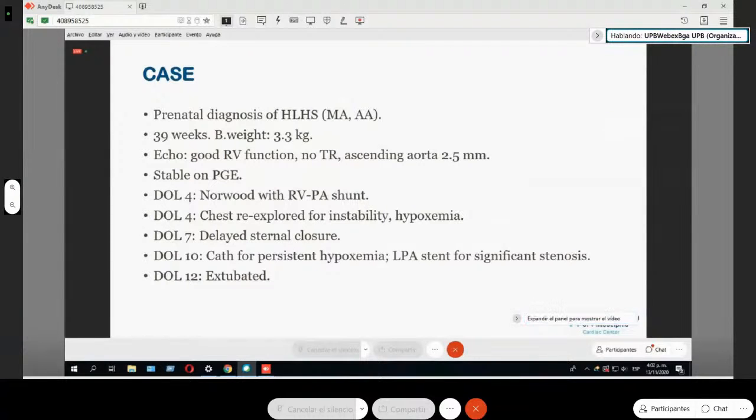Bueno, voy a iniciar con un caso: un bebé de 39 semanas con un diagnóstico de síndrome de corazón izquierdo hipoplásico, buena función en el eco, una aorta ascendente de 2.5 milímetros. El bebé estaba estable en prostaglandina y eventualmente se le hizo un Norwood con una derivación RVPA.